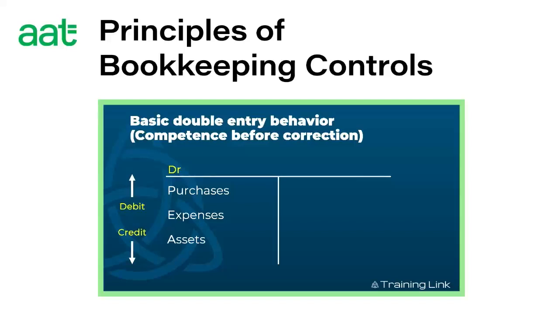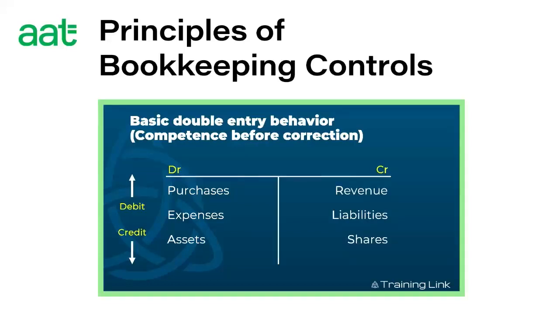So they can all be debited or credited, but they increase in value with a debit. If we were to incur an expense, we would debit the expense account, increasing the value within that account. If for whatever reason we needed to take that transaction out of the account, then we would credit it, and that would lower the value on that account.